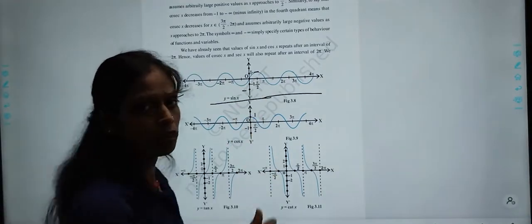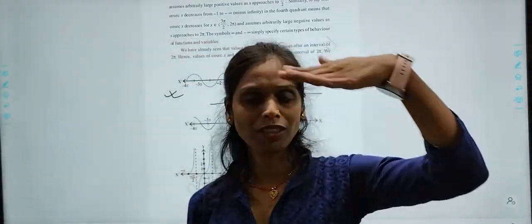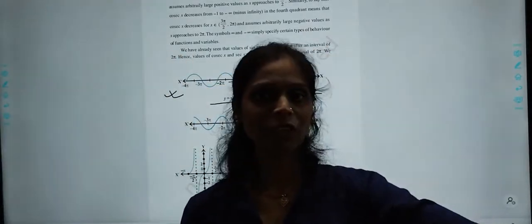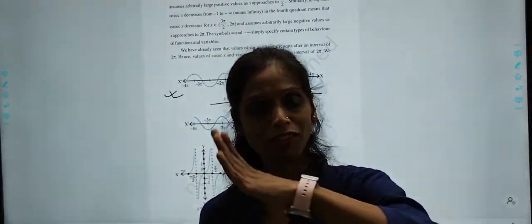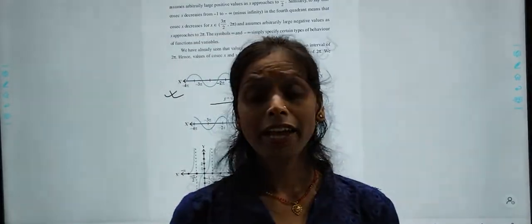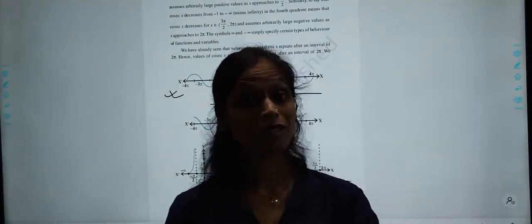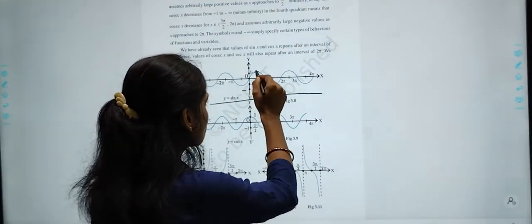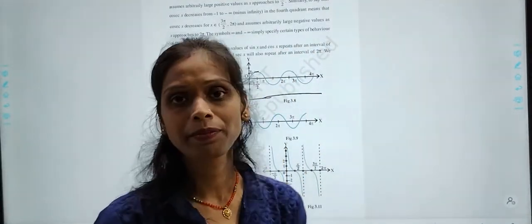The graph of sin theta is like a wave. Actually the range of this wave you find is between 1 and minus 1.